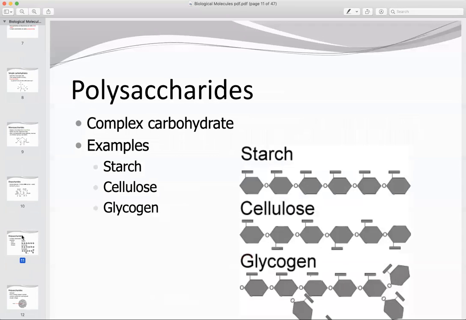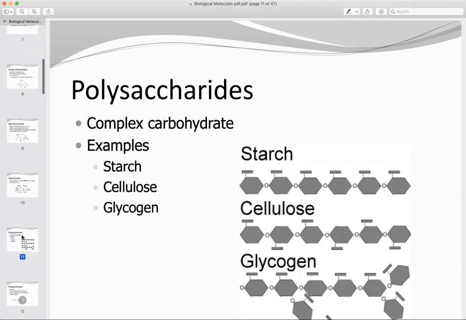Now, if we continue to join together many sugar units, we can create what we call complex carbohydrates. These polysaccharides are formed from joining together many monosaccharide units. All right. These complex carbs, again, are going to include our starch, cellulose, and glycogen.